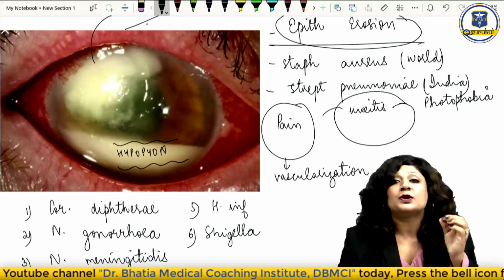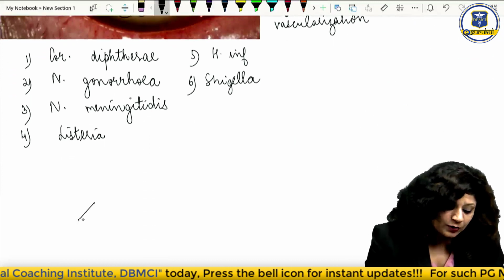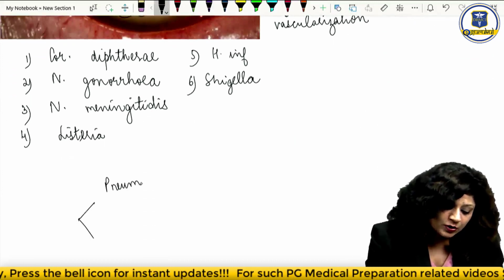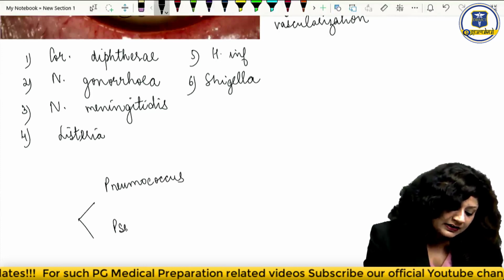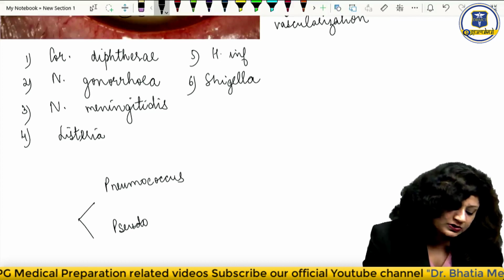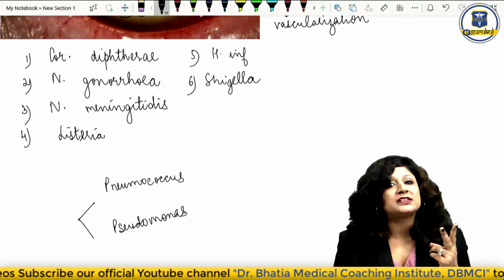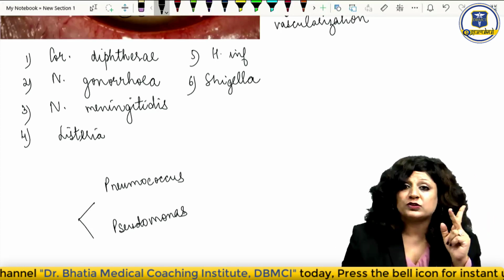And third, the most dangerous hypopyons. The most dangerous hypopyons are produced by two bacteria. One is the pneumococcus, and another is the Pseudomonas. So the most important and most severe hypopyons are produced by two bacteria: one is the pneumococcus, another is the Pseudomonas. Now which one to choose from?